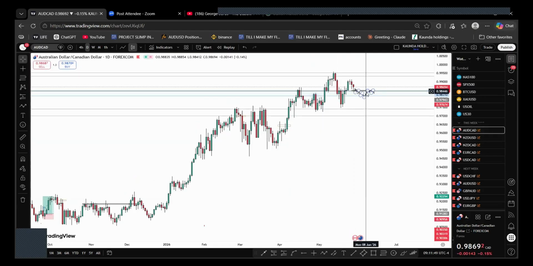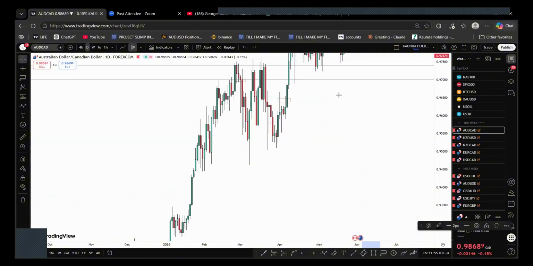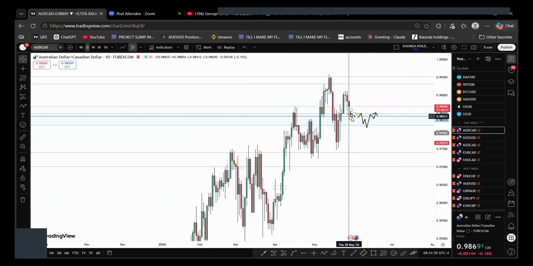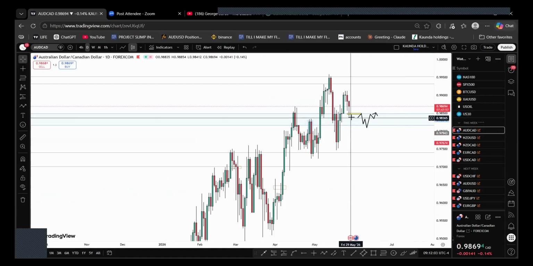Then maybe the only pair that might give us something for next week, not this week, might be AUD card. And I told you, definitely I don't see myself taking any trades this week.